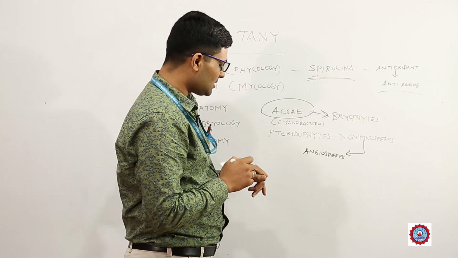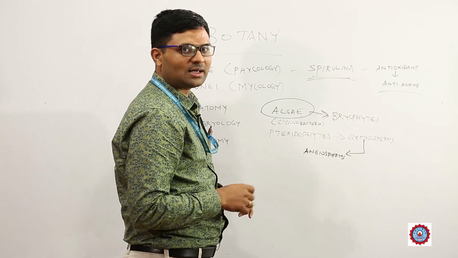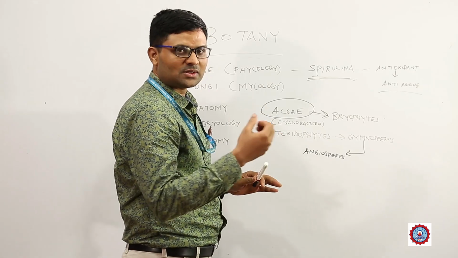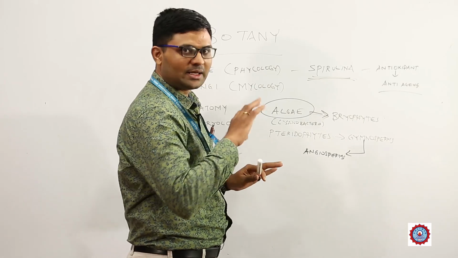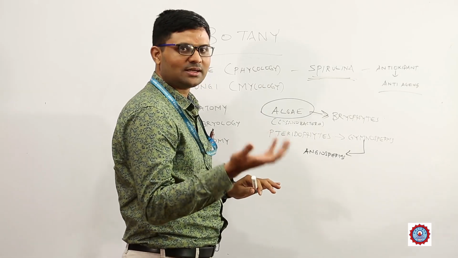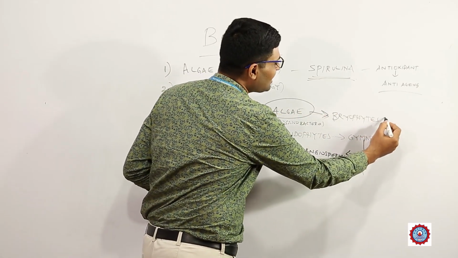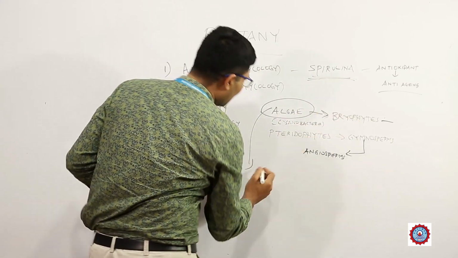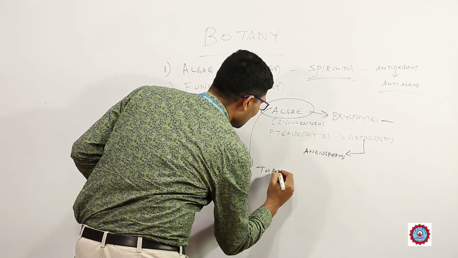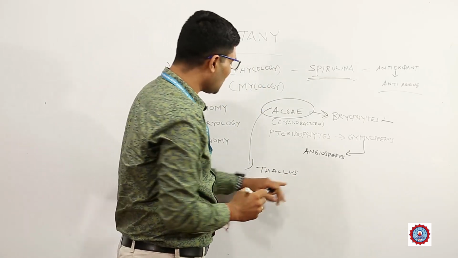In pteridophytes, you will see plants having well developed structures like root, stem, leaves, though not exactly root, stem, leaves, but we can differentiate them, right. In algae and bryophytes, we call it thallus. From algae and bryophytes, they are known as thallophytes, because they bear a structure called thallus.